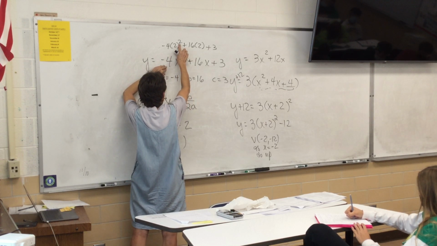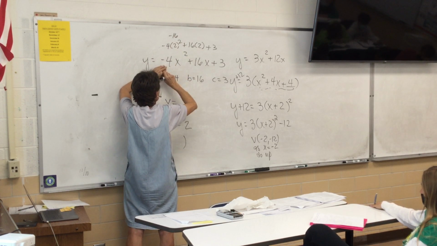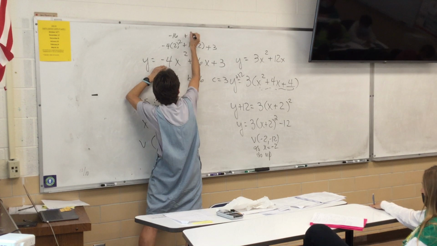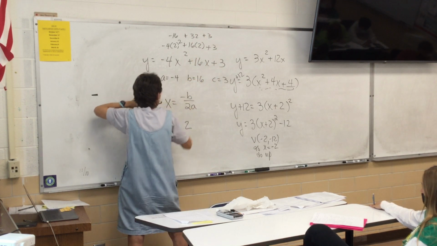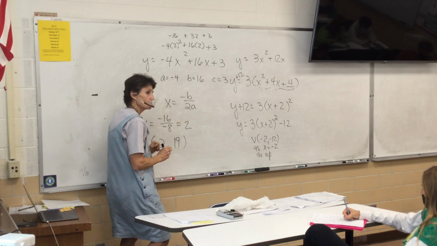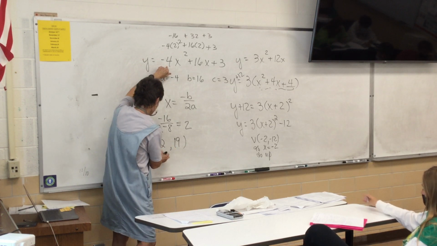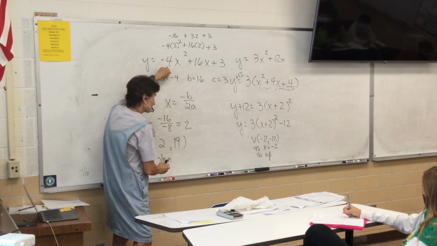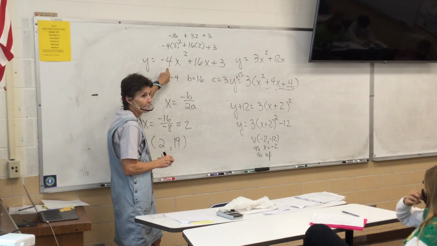You have to do 2 squared times negative 4, so that'd be negative 16, plus 32, plus 3. So what is that? 19? And which way does it open? It opens down. I think that's easier.